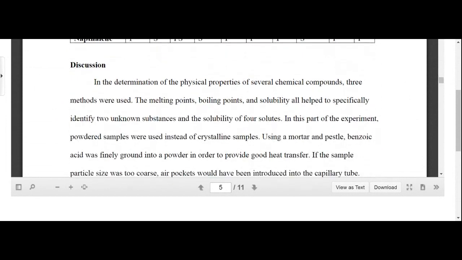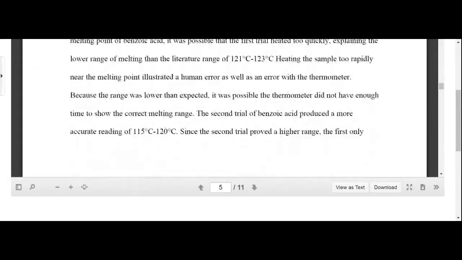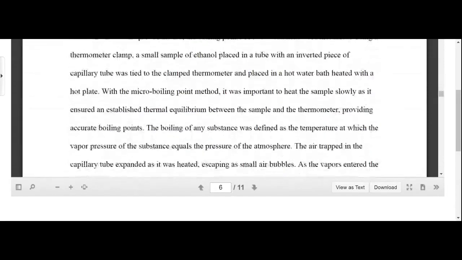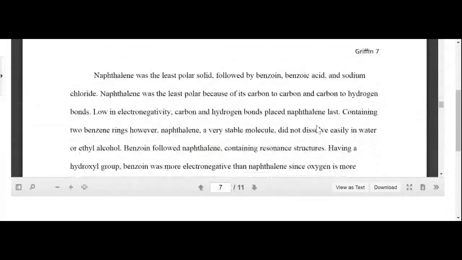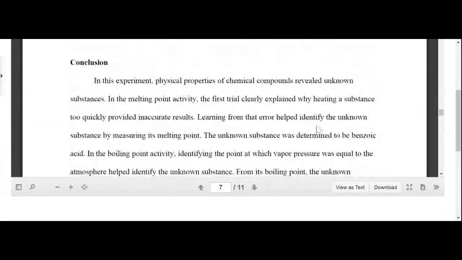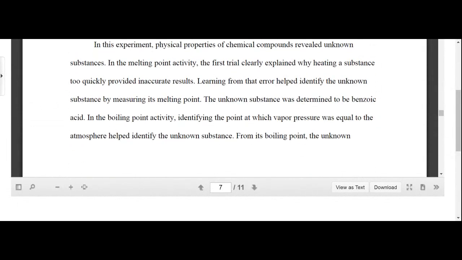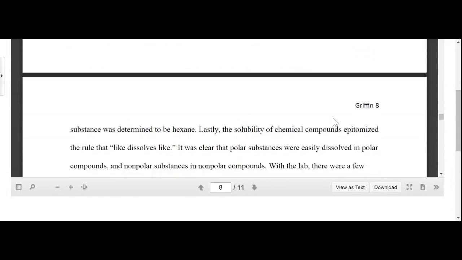We will talk about it next class also. You have your discussion. This is the long version of the lab report. That's why I said it doesn't have to be 11 pages. You can put anywhere between 2 to 5 pages as long as everything that is asked is included.